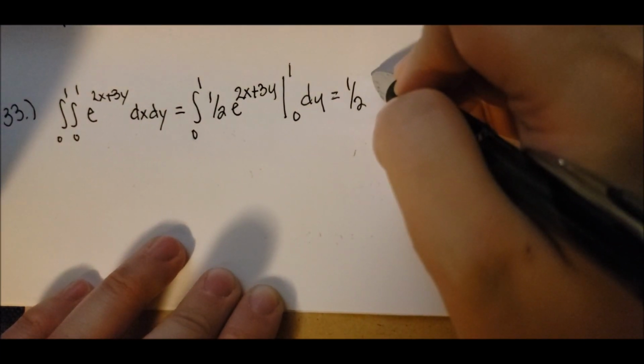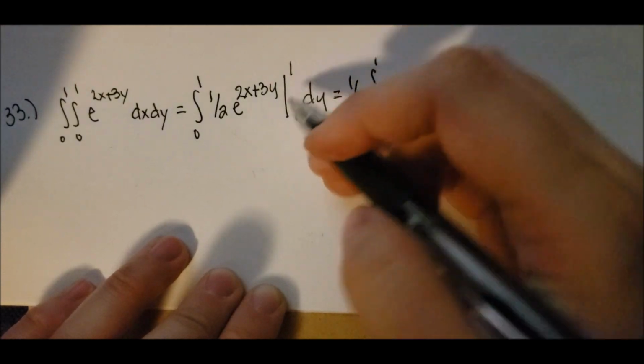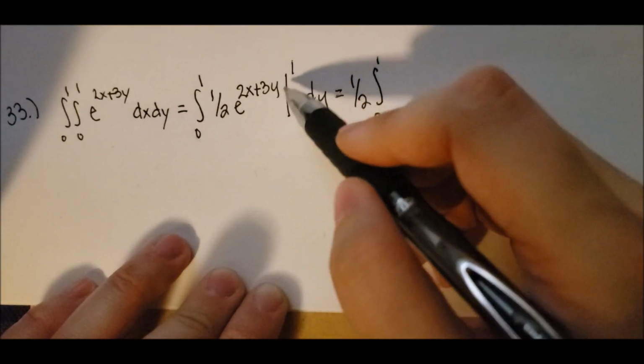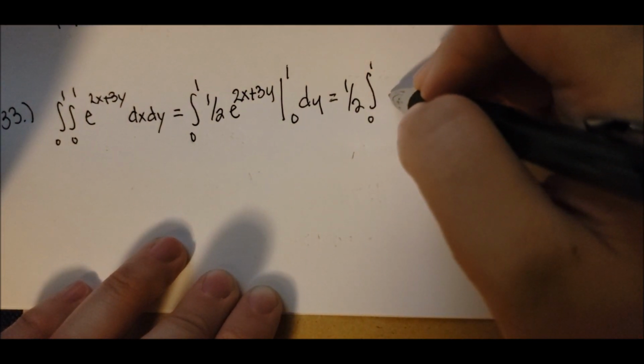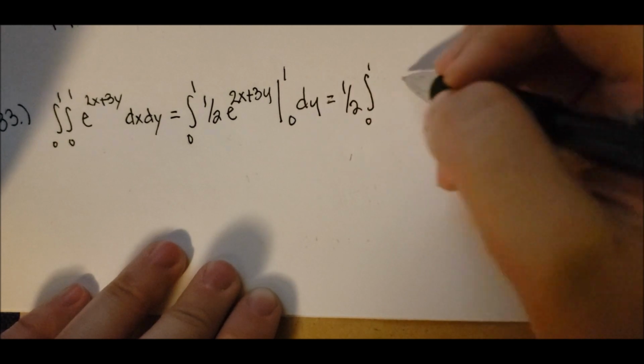So it's 1/2. If x is 1, that'd be 2 plus 3y. If x is 0, you just have e to the 3y.